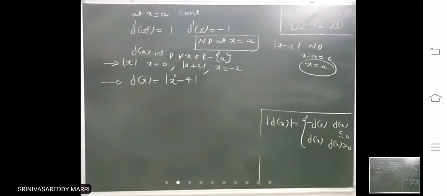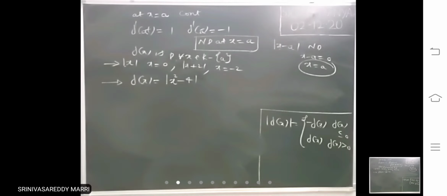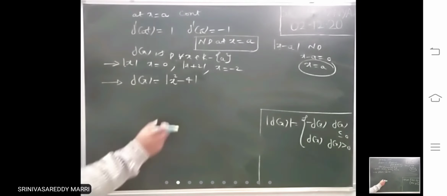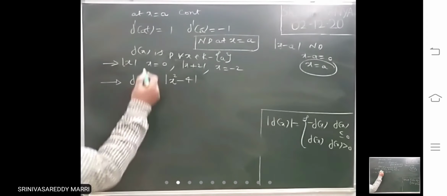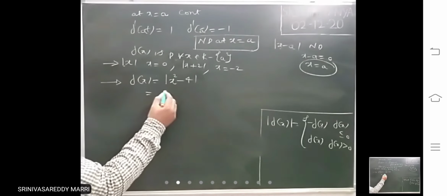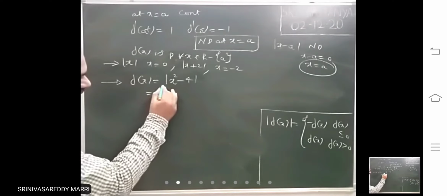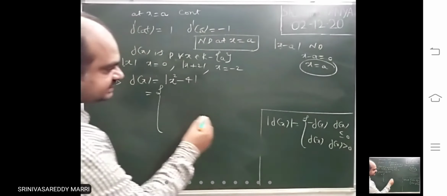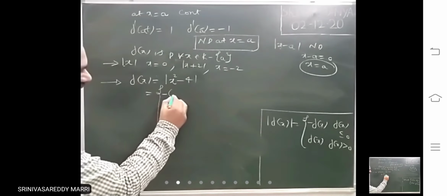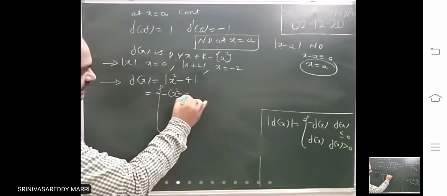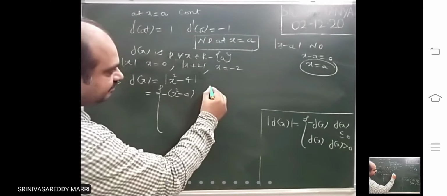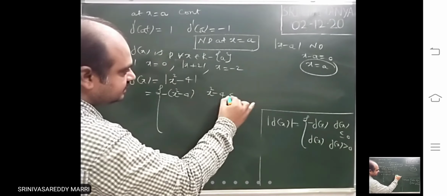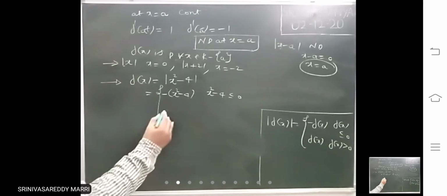Whenever it is there like this, redefine. First we will do the normal method and then we will use the shortcut. Redefine: this is f of x. Modulus f of x is there. Its definition is minus f of x when f of x is less than or equal to 0.